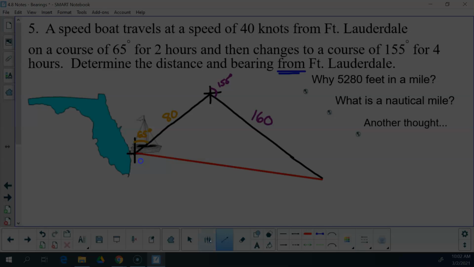Let's call it X. Now this is the $20,000 question, used to be a game show. What is that blue angle's measure?